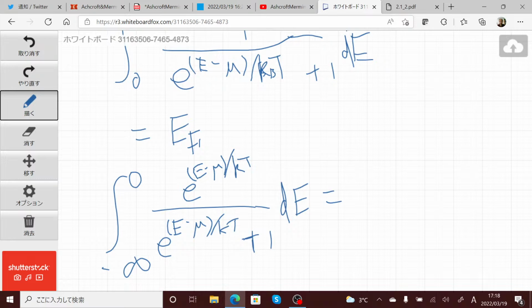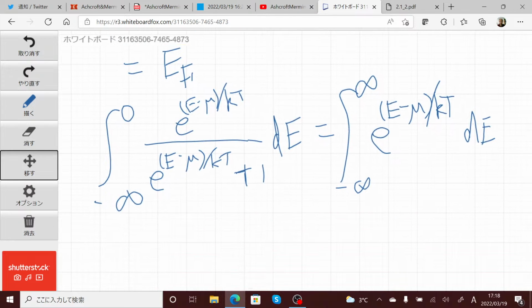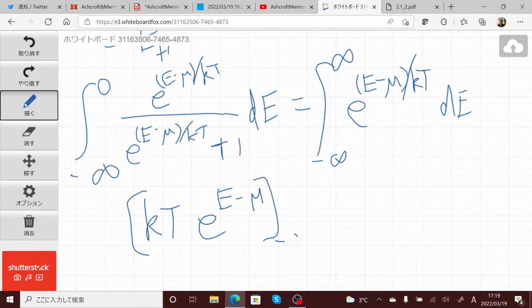Okay, so this is like this: minus infinity to infinity, e minus mu over kbt, dE. So this is like kbt exponential e minus mu divided by kbt, from minus infinity to infinity. Is this right?